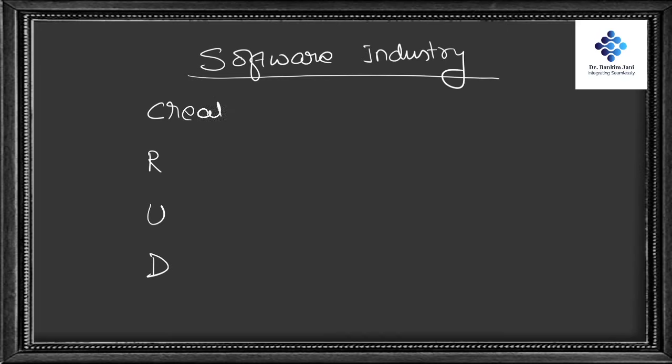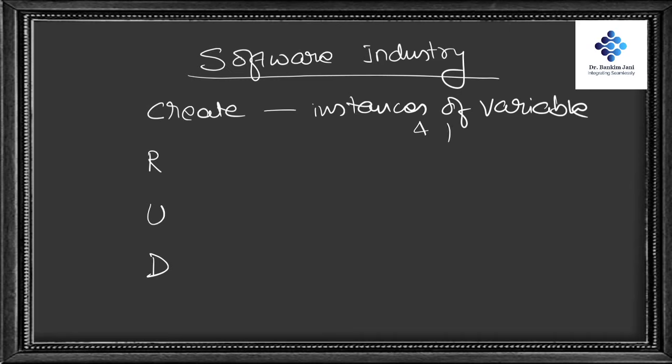C is create. So over here, instances of variables are created, right? So in simple words, variables and data structures are created. R is for read. So whatever has been created, we read the values, right?